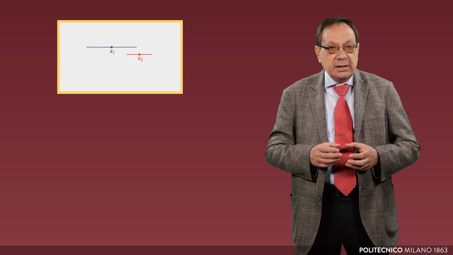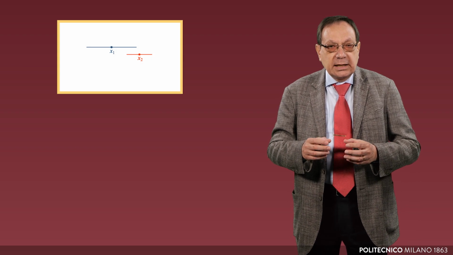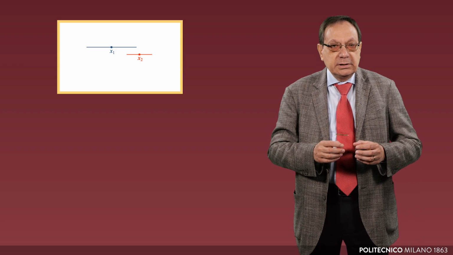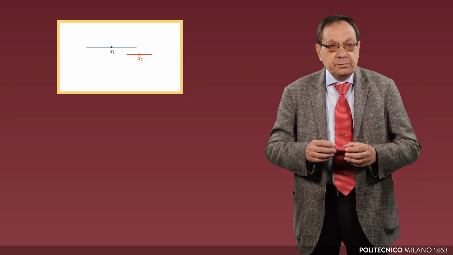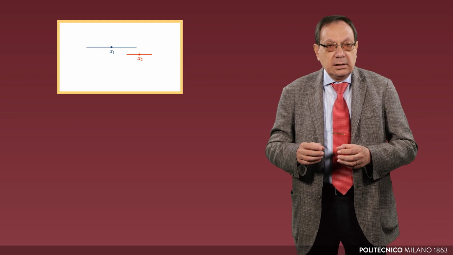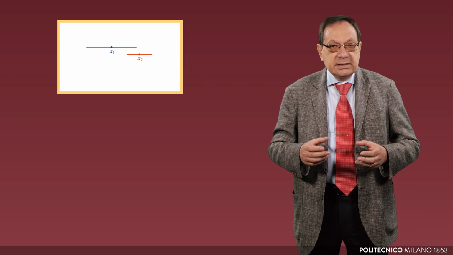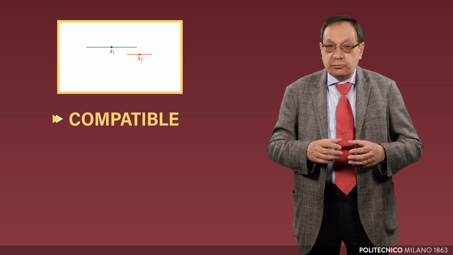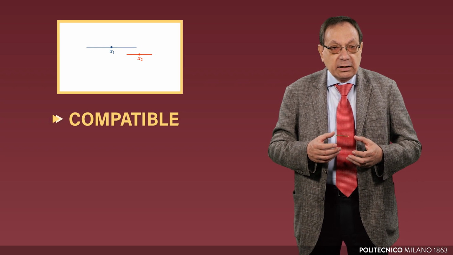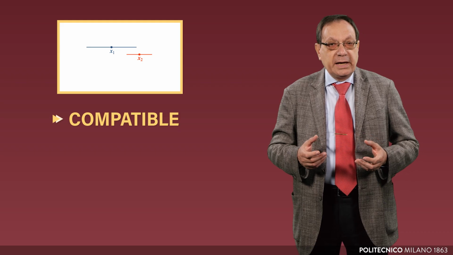The case you see represented here is quite similar. Some values that can reasonably be attributed to x2 can also be attributed to x1. So once again, we must conclude that the two measurement results are compatible, as we cannot state that they refer to two different measurands.